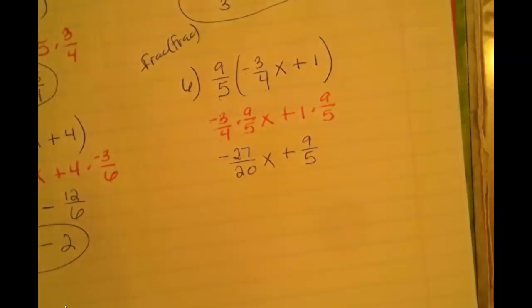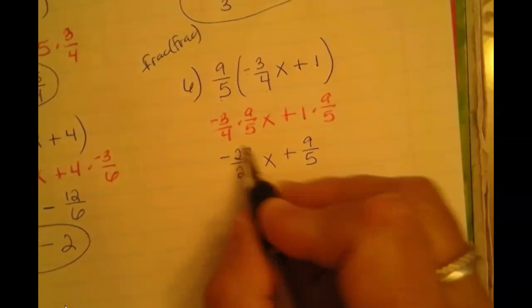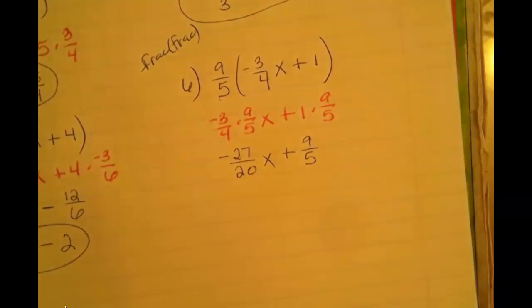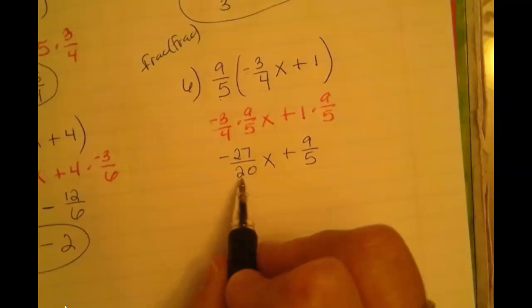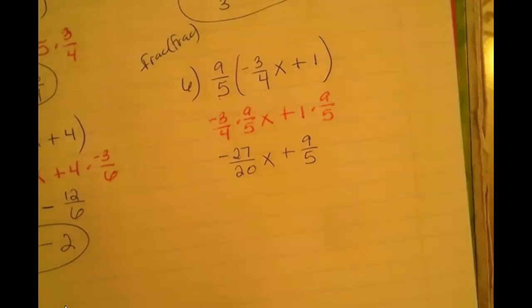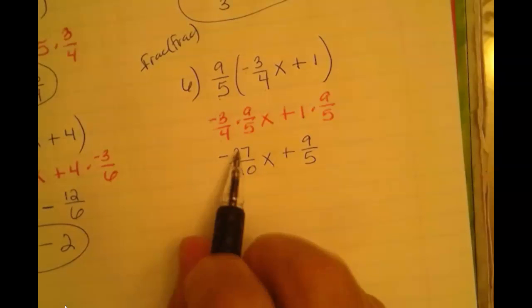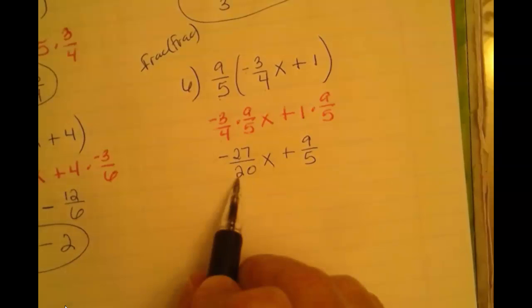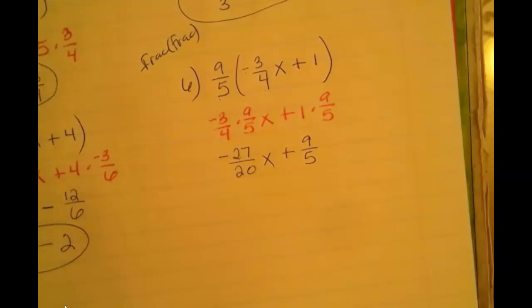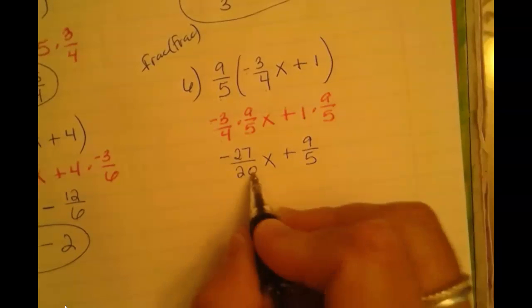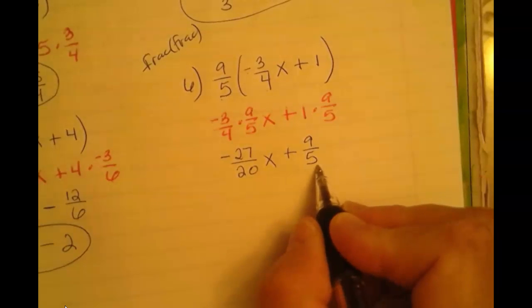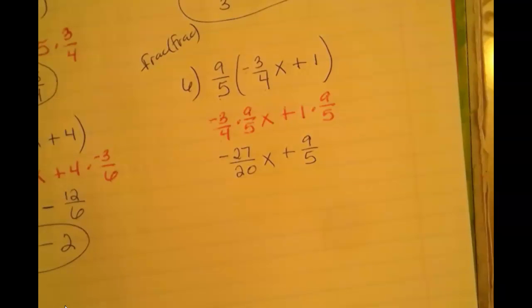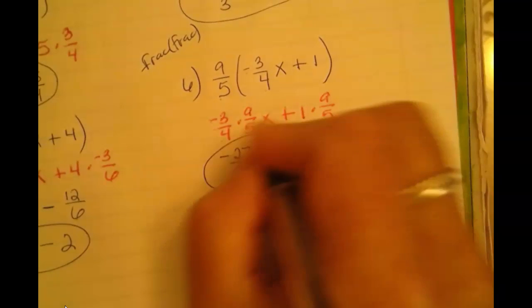So now the only thing we need to do is to see if either of these fractions will simplify, and what will go into 20? 2 will, but it won't go into 27. 4 will, but 4 won't go into 27. 5 will, but 5 won't go into 27. 10 will, but 10 won't go into 27. That's all the numbers, okay? So this one is not simplifiable. 5, the only number that goes into 5 is 5, and that won't go into 9, so it's completely done. We're completely done with this one, okay?